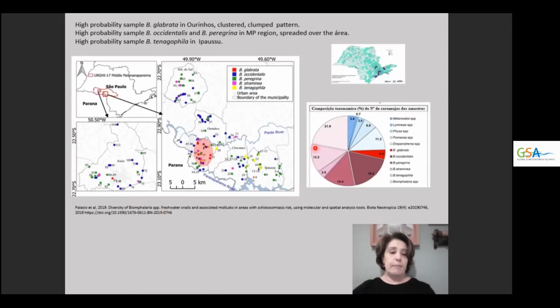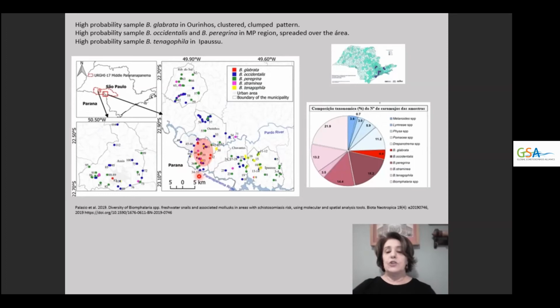Here is the map produced with the data set of snails and GPS coordinates. What we can see here is there is a high probability to sample Biomphalaria glabrata just in Ourinhos, in specific sites that we considered hotspots for suitable sites for the Biomphalaria glabrata species.